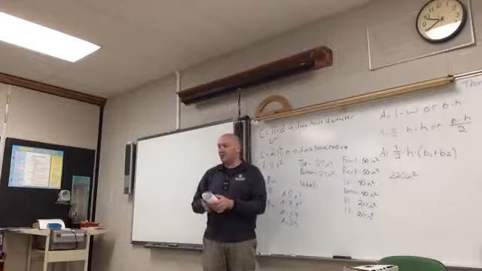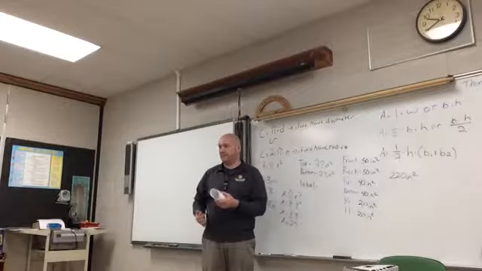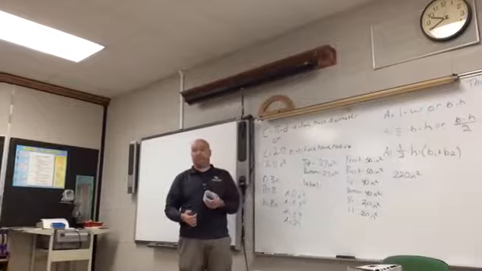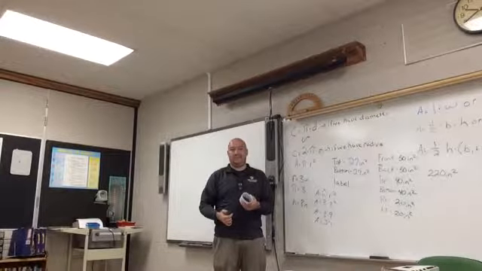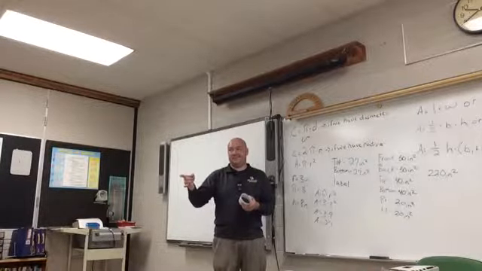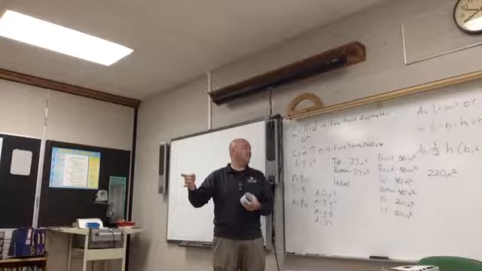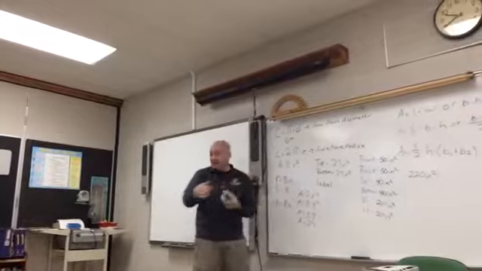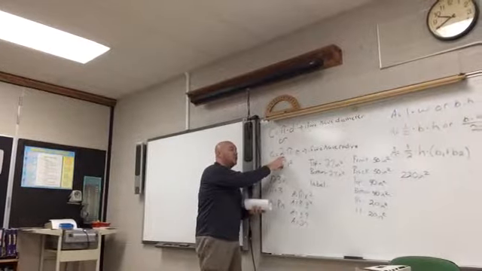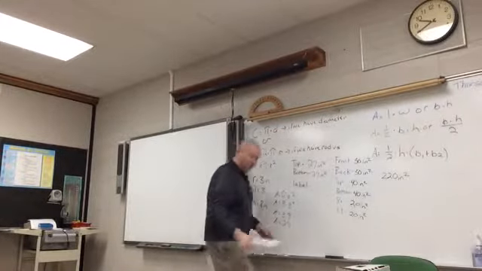How do we figure out circumference of this circle? 2 times pi times the radius. We have the radius, so we're going to use this one. Simple enough.